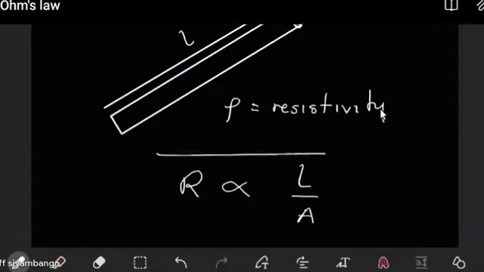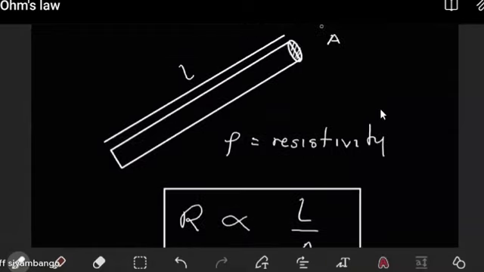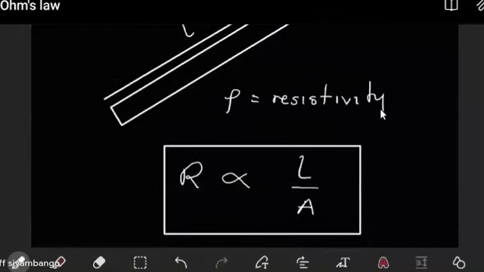What does this imply? If the wire is longer, you expect more resistance. If current is moving through a shorter material, then the resistance will be less. You lose more energy, and there will be more resistance as current moves through a longer wire.